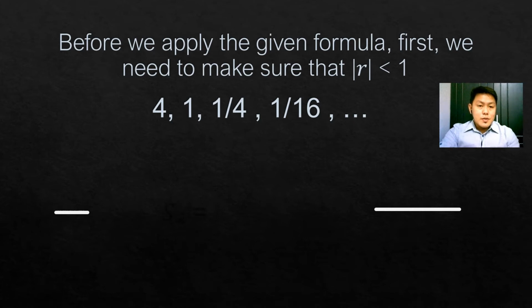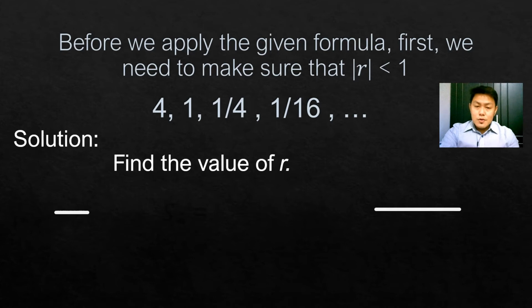Now for our example 4, 1, 1/4, 1 over 16, first we are going to find the value of the common ratio. The absolute value of the common ratio must be less than 1. So to get the common ratio, r is equal to, I will choose the second number, 1, divided by the number to the left of 1, which is 4.